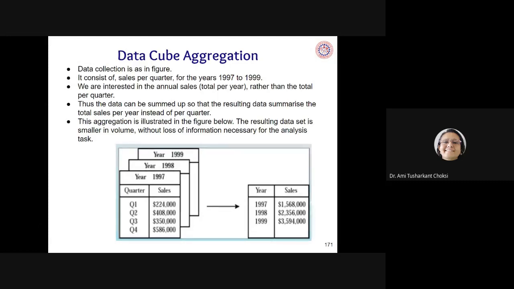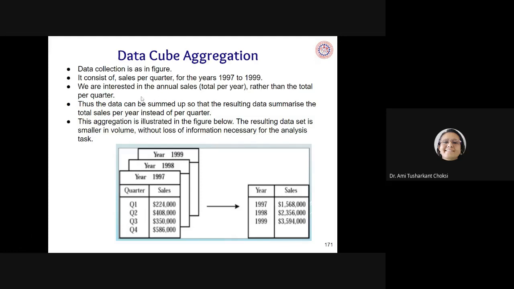Let us see this figure and what it conveys. Here the data collection is as in the figure. It consists of sales per quarter for the years 1997 to 1999. We are interested in the annual sales, that is the total per year, rather than the total per quarter.